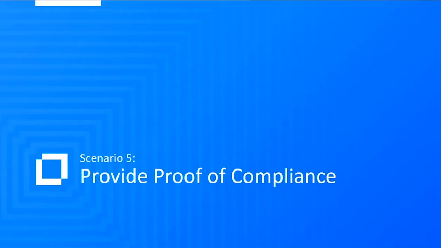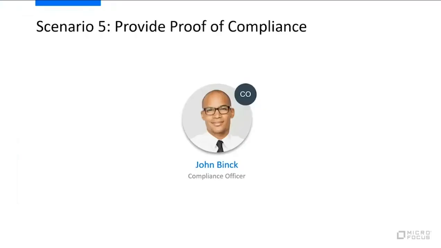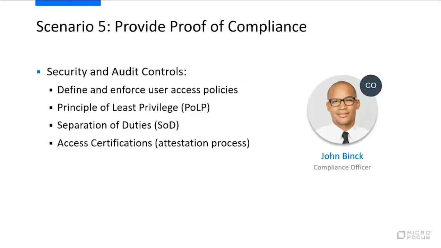Now along this process, of course, this brings us to our final scenario, and that is providing proof of compliance, right? And this is going to involve a single party, John, who is the compliance officer for the organization. Now what we want to enable John to do is to define a set of security and audit controls. And what this really means is, first, he needs to be able to define and enforce user access policies.